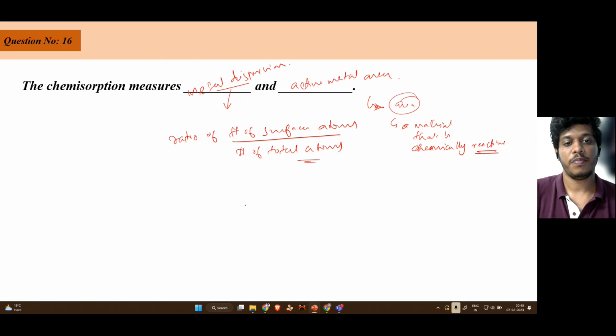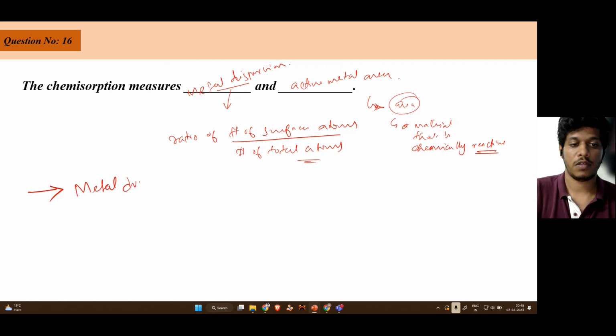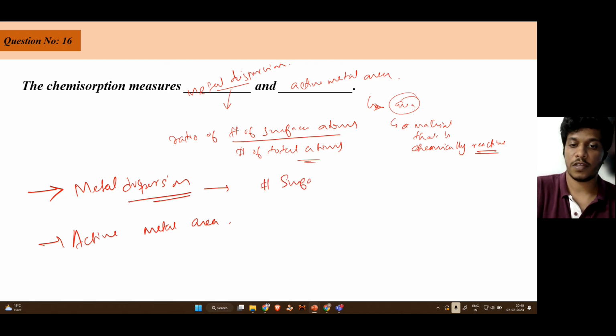Now going further, chemisorption basically measures dash and dash. Chemisorption is used to measure the metal dispersion and the active metal area. Metal dispersion is basically the ratio of the number of surface atoms to the number of total atoms.